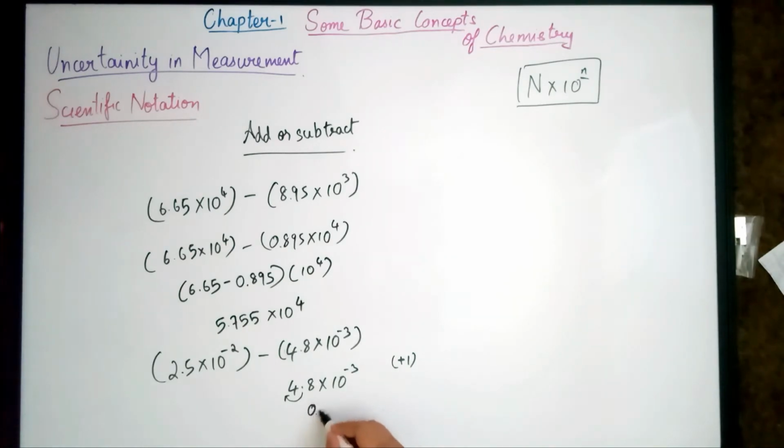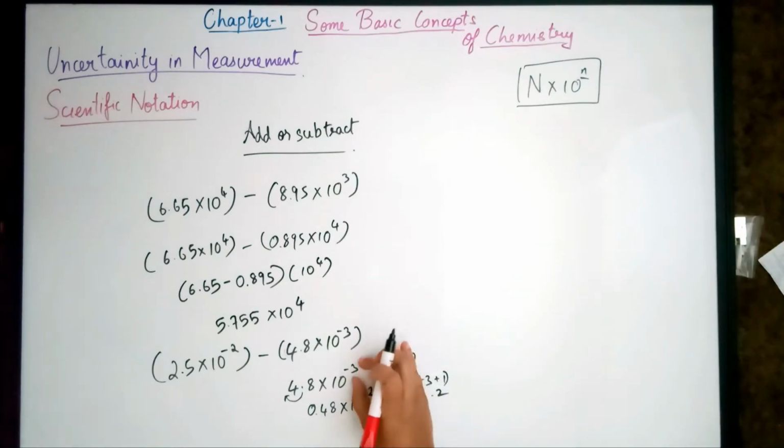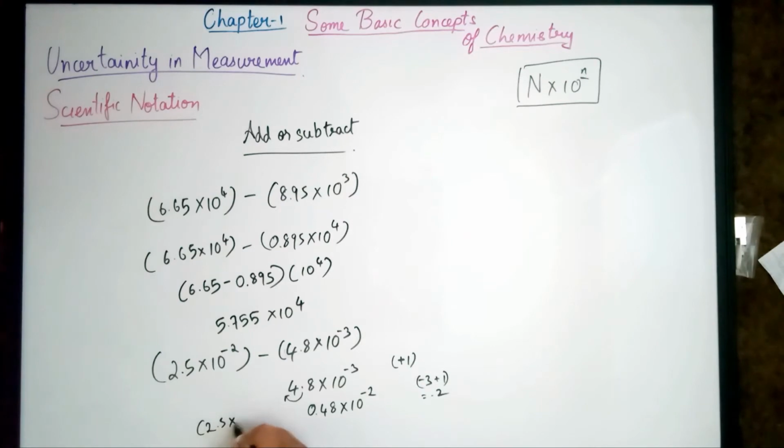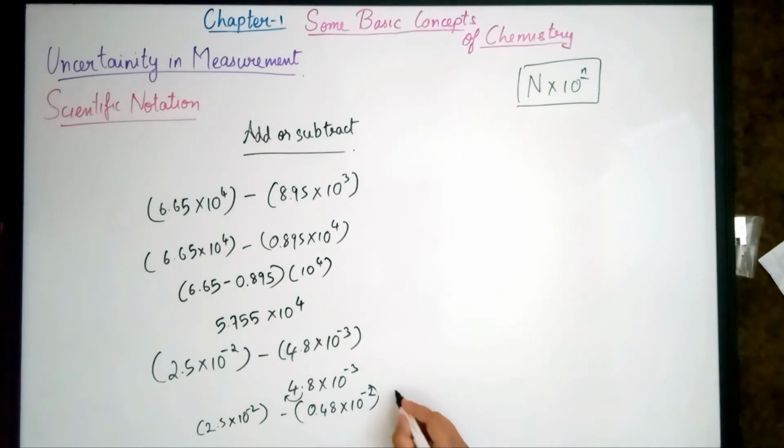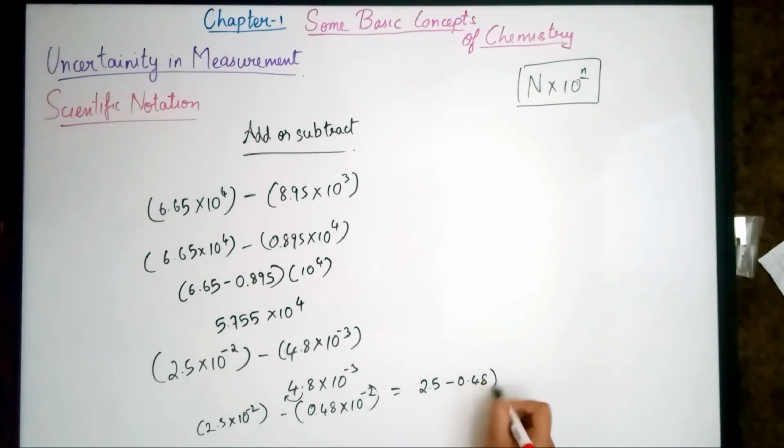So 0.48 into 10 to the power minus 2, because minus 3 plus 1 gives minus 2. So we are converting this to get this. Again, you can easily subtract: 2.5 minus 0.48, into 10 to the power minus 2.